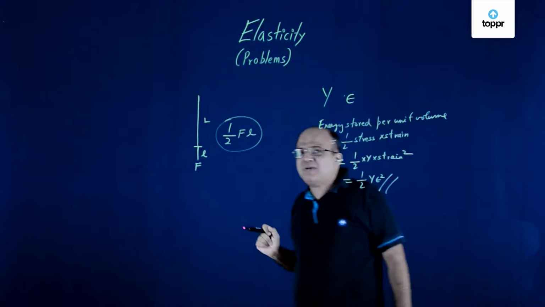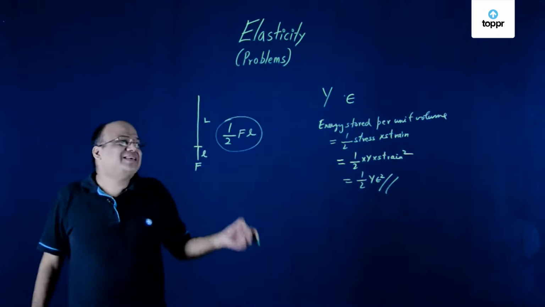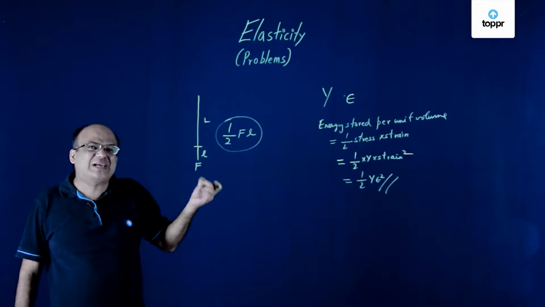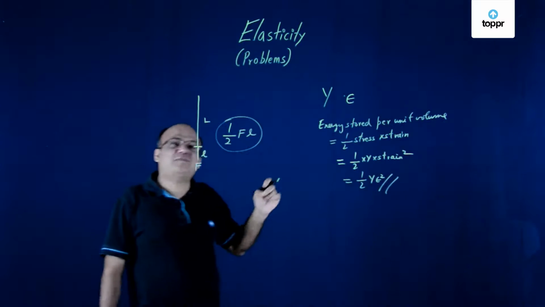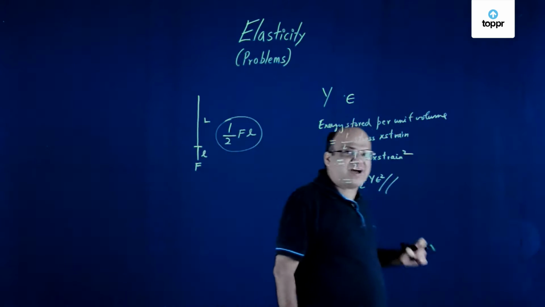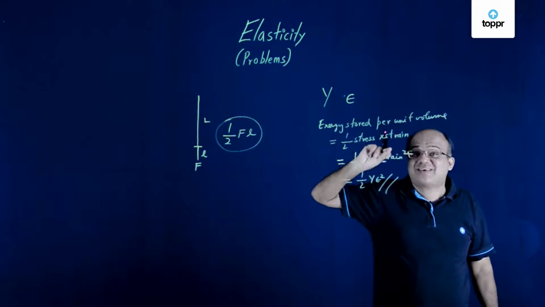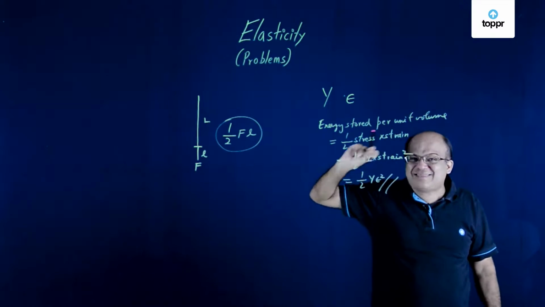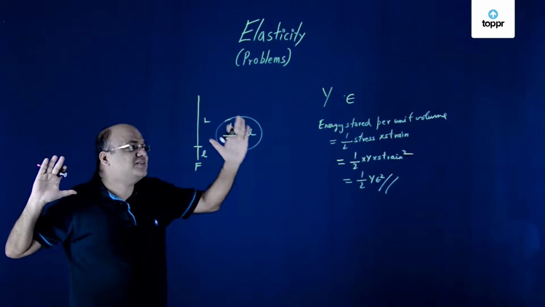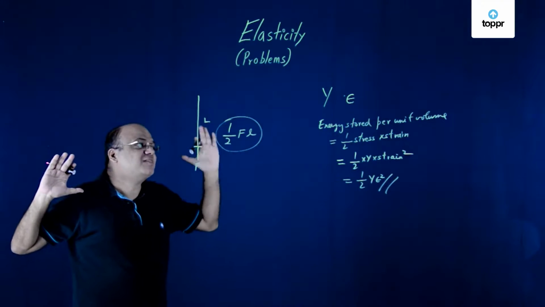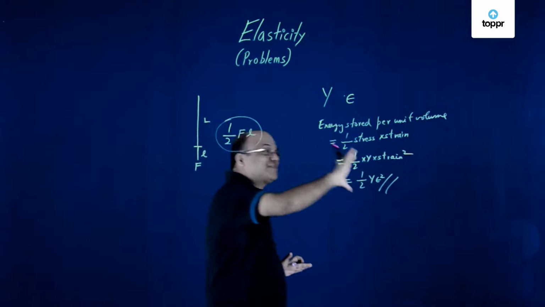Here in this problem, we wanted to find out the energy stored per unit volume in terms of Young's modulus and strain. So energy per unit volume is given by half stress into strain, and stress is equal to Y into strain. Therefore, the energy stored per unit volume is half Y into strain square.